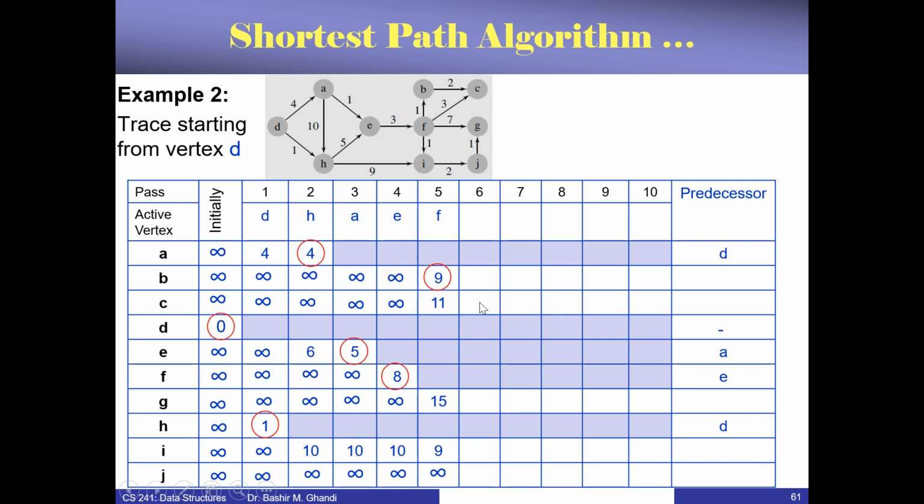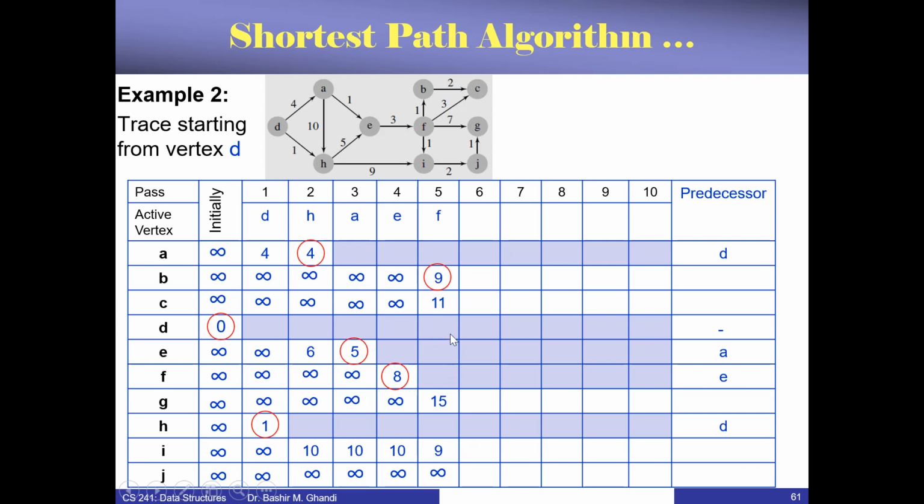If it is equal or greater, we reject it. So here we will copy 11 to this cell. So you will see 11 here, but it is not because of this value, 9 plus 2. No, it's because of the previous value through F. Through F, we were also getting 11.